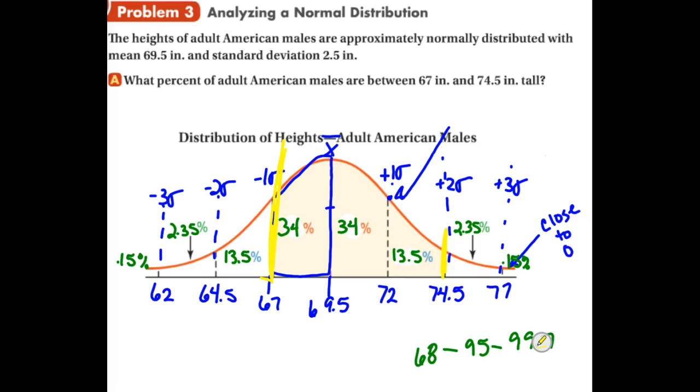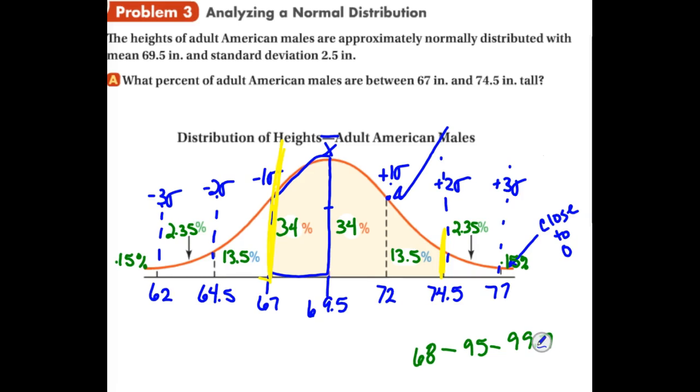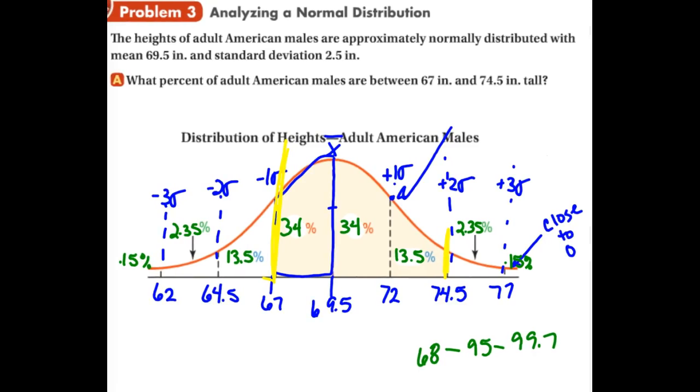So it's the lightly shaded section on my picture. Just lightly shade in that little portion. How are we going to figure out how much that is? Add them up. We have 34 and 34. So 68%.